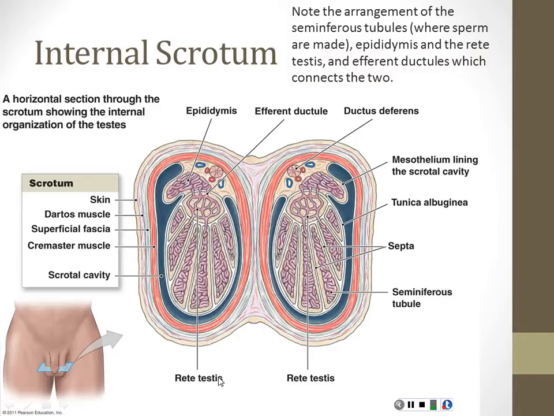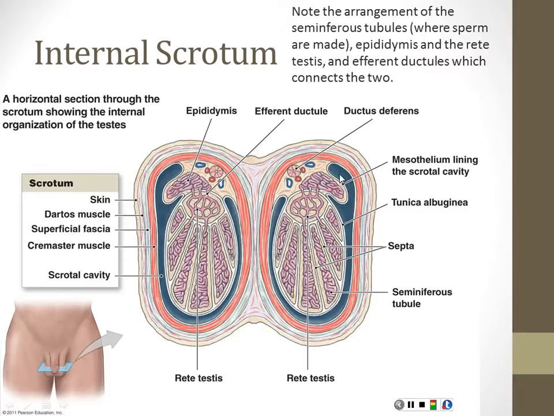The rete testis connects the seminiferous tubules with the epididymis in the back. Rete actually means maze or labyrinth. So it's this sort of weird structure where these different tubes interconnect. But in the end, we've got 3 ducts called efferent ductules that go out into the epididymis.